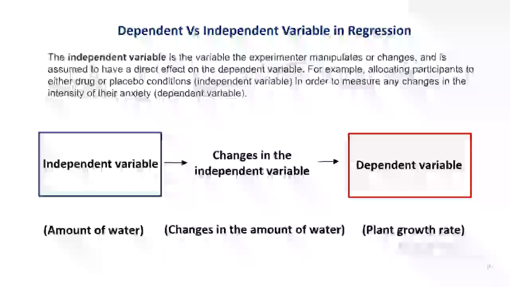Maybe you vary between 1 and 2 liters of water and see what the growth is, keeping other things constant. You will see some kind of linear plot: if you are giving more water, the plant growth is higher, and if you are decreasing the water, possibly the plant growth will decline. This is how you can create a relationship between independent and dependent variables.